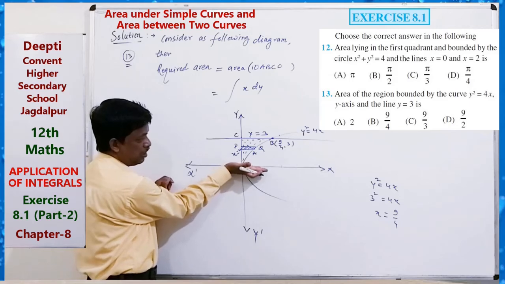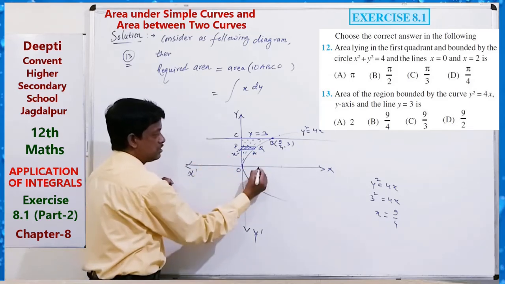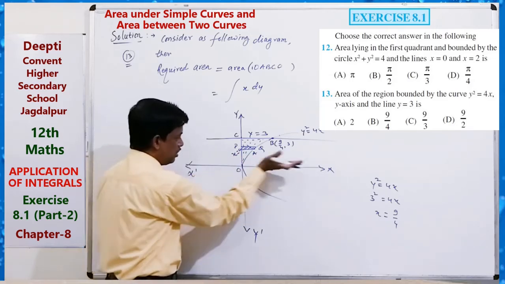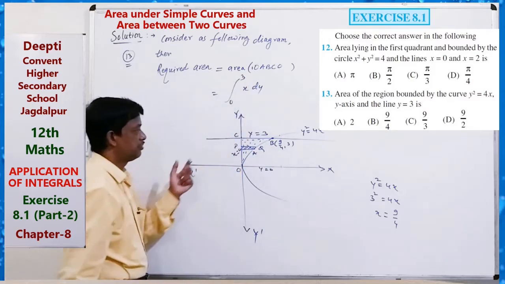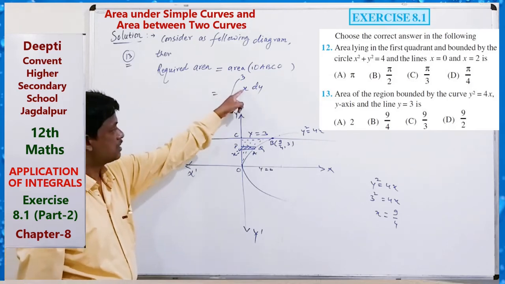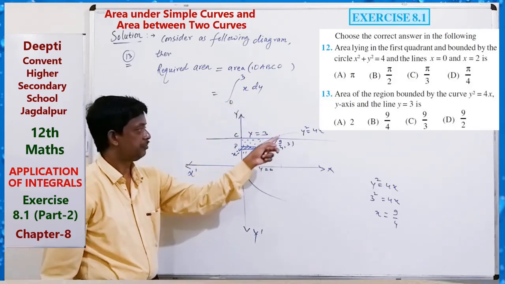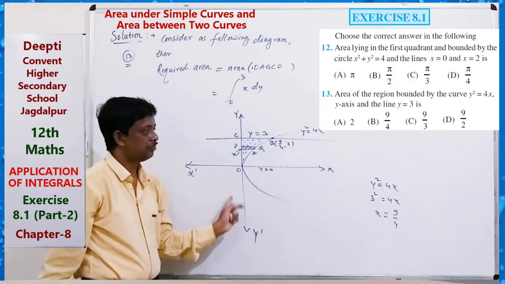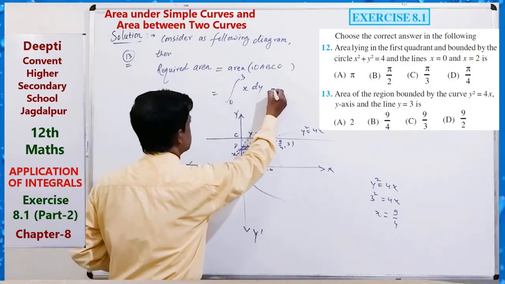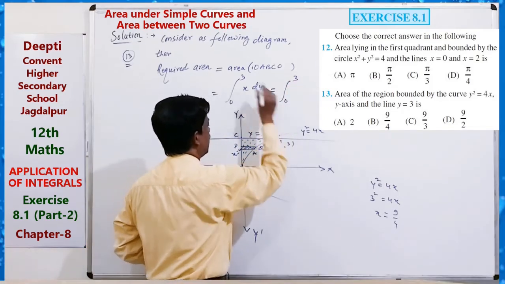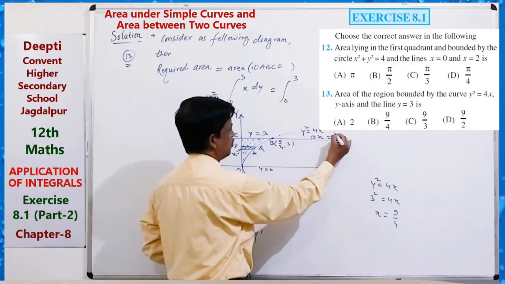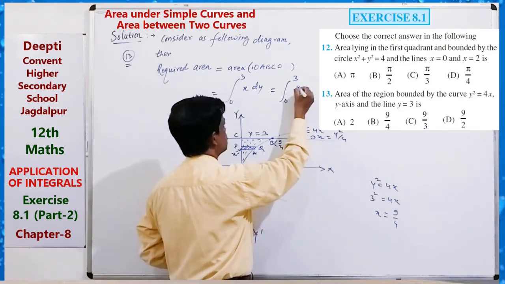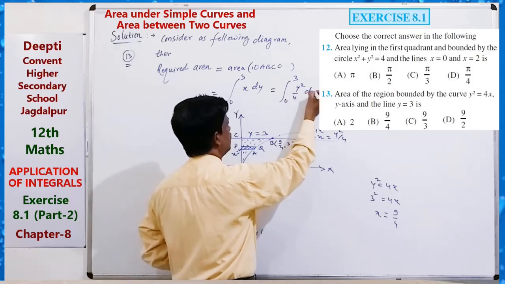Here y equals 0 on the x axis, to y equals 3, so 0 to 3 is the limit. And x comes from this curve. So this is the integral from 0 to 3, where x equals y square by 4, y square by 4 dy.